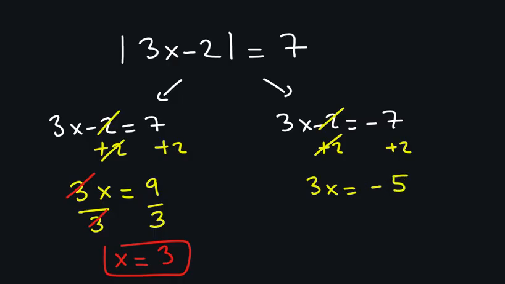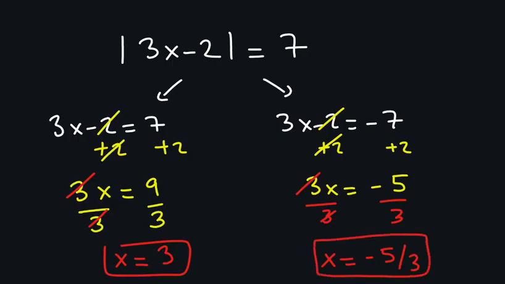So as the second step, I will divide both sides by 3. So 3's are cancelled out. So I have x equals -5 over 3. That's my second solution. X equals 3 or x equals -5 over 3.